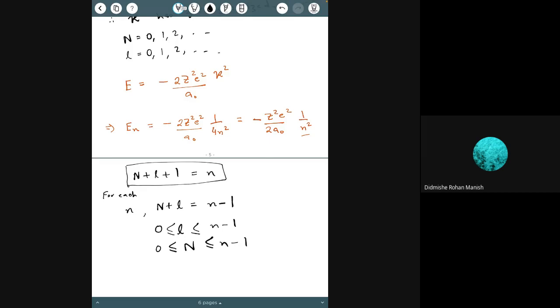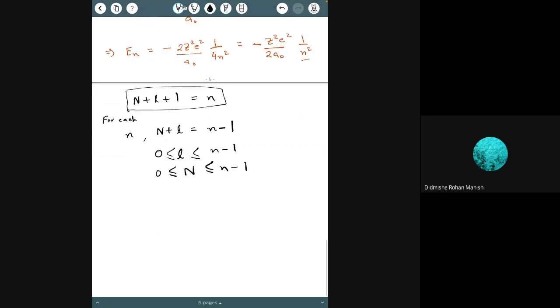We will have multiple states with different L and capital N values which correspond to the same energy. So we can try to count them also. And remember that when we solve the radial part, we solve it for a given value of L, because the Hamiltonian contains an L.